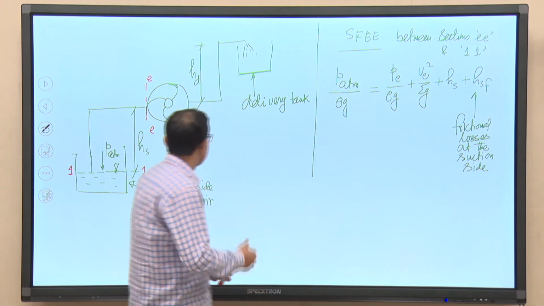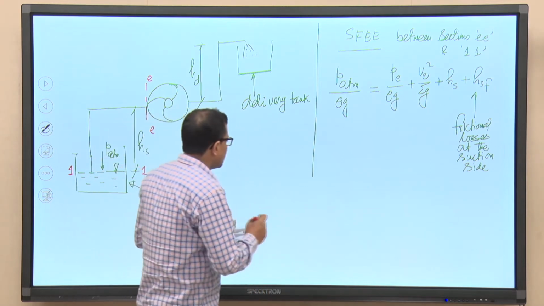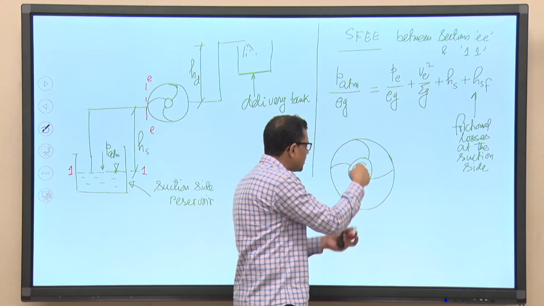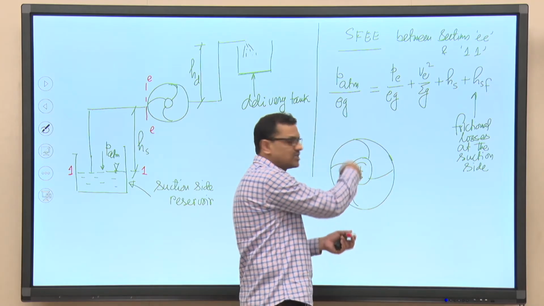So, now if we try to recall, again I am drawing the pump impeller. Now, you can see that when this pump is rotating, perhaps I have discussed this in the last class, that the suction pipeline, if it is a radial flow pump, will be connected at right angle to this plane.